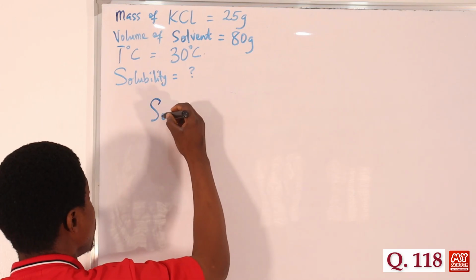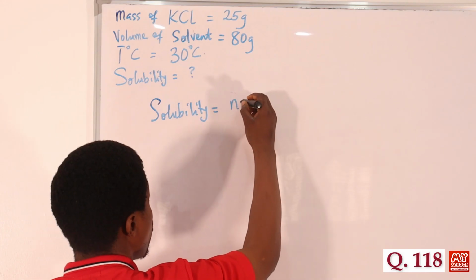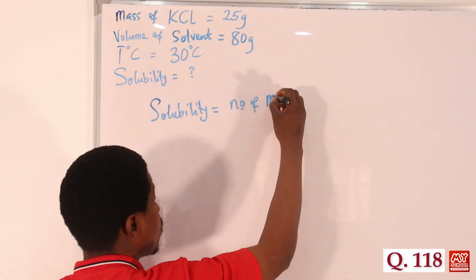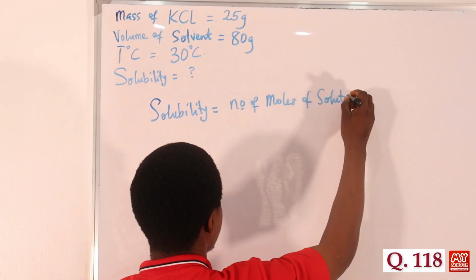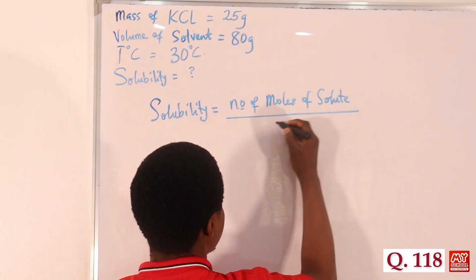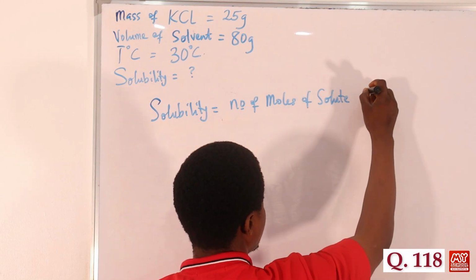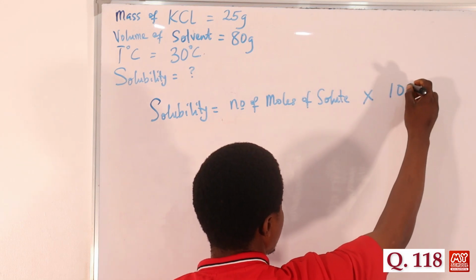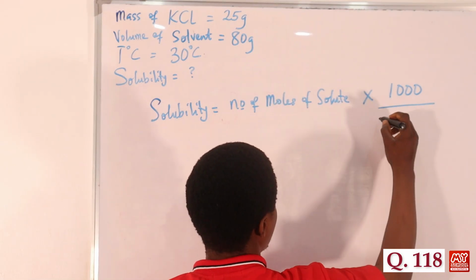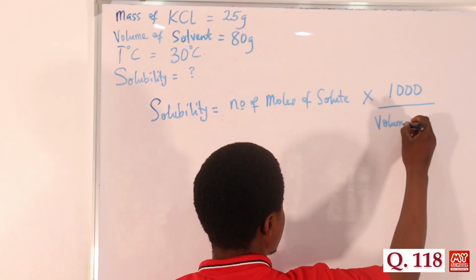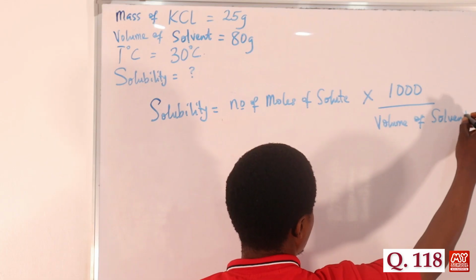So we say solubility is equal to number of moles of solute, that is your salt, which is the KCl, divided by the number of moles of solute that dissolved in 1 dm cube. So that's why we have 1000 cm cube all over the volume of the solvent, which is water.